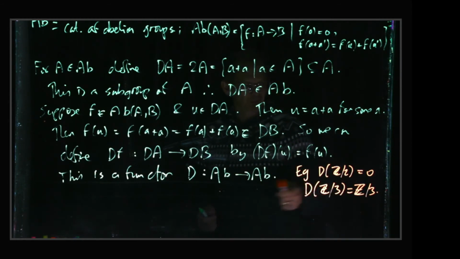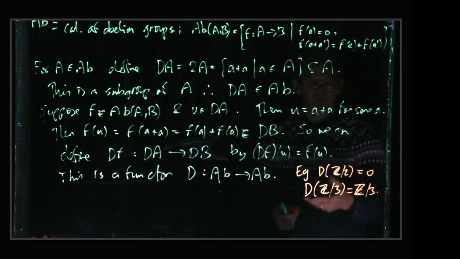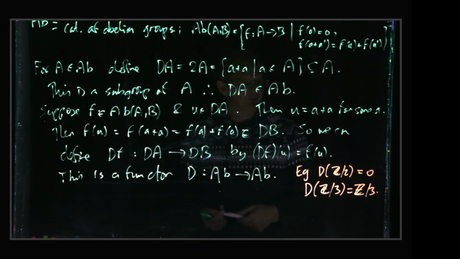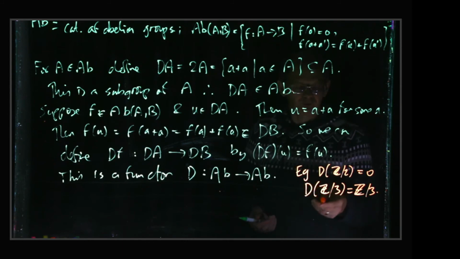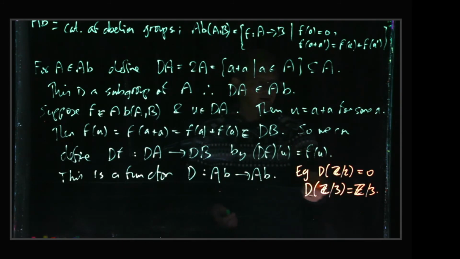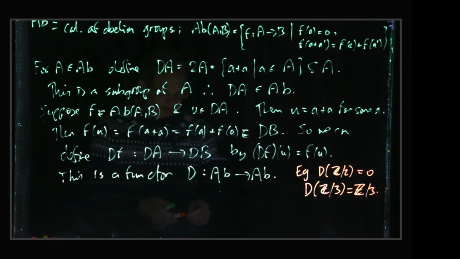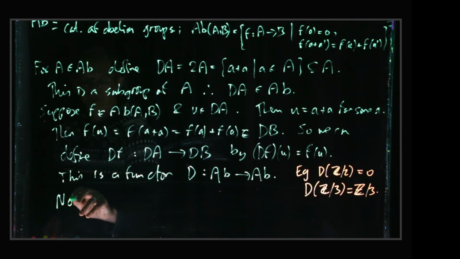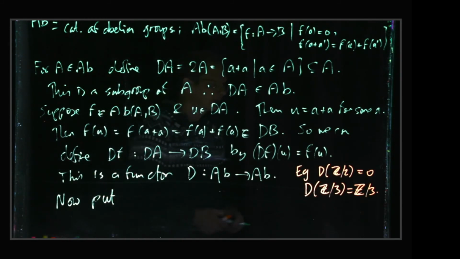If you look in Z mod 3, Z mod 3 is 0, 1, and minus 1 mod 3. Twice 1 is minus 1, twice minus 1 is 1, so you get everything. So D of Z mod 3 is just Z mod 3 again. So that's a functor D.